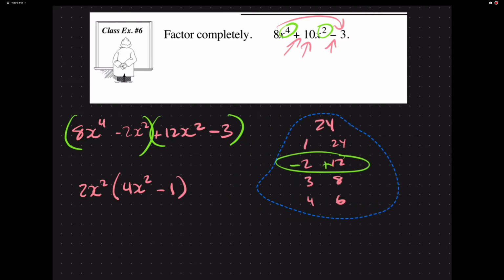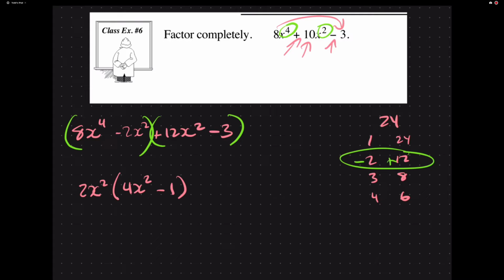Let's move this guy over, indicating that we should end up with a 4x squared minus 1 if we can find something common to divide both those terms by. So -3 divided by 3 is 1, that's correct. And if I take 12 divided by 3, we get 4x squared. So that's good as well, indicating that we are going to pull out that positive 3.